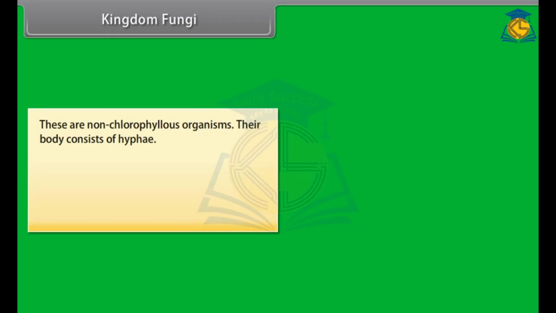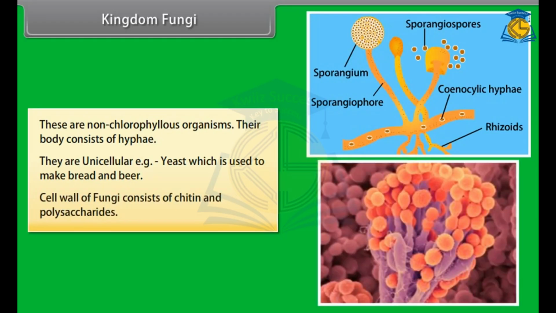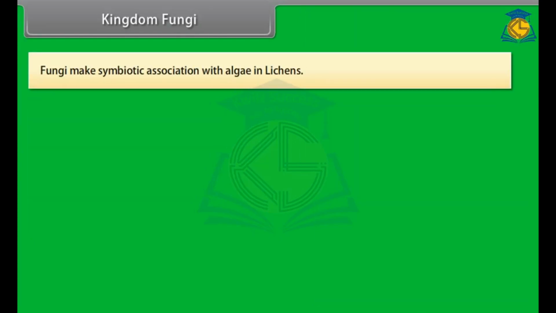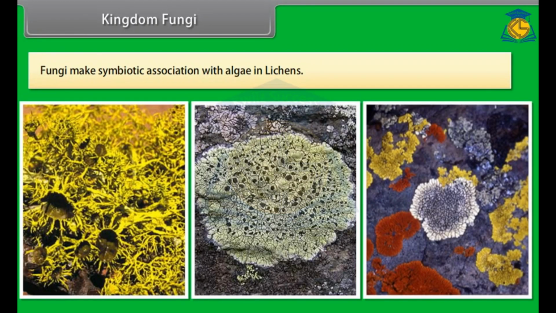These are non-chlorophyllous organisms. Their body consists of hyphae. Some are unicellular, for example, yeast, which is used to make bread and beer. The cell wall of fungi consists of chitin and polysaccharides. Fungi make symbiotic associations with algae in lichens.